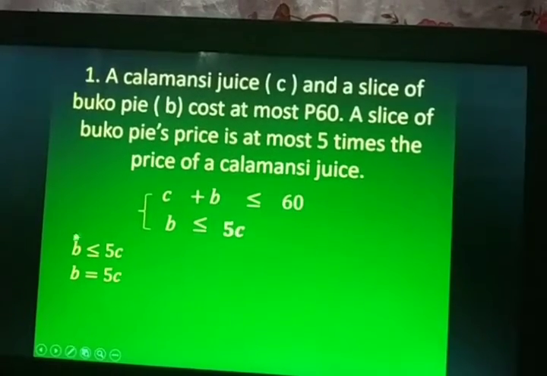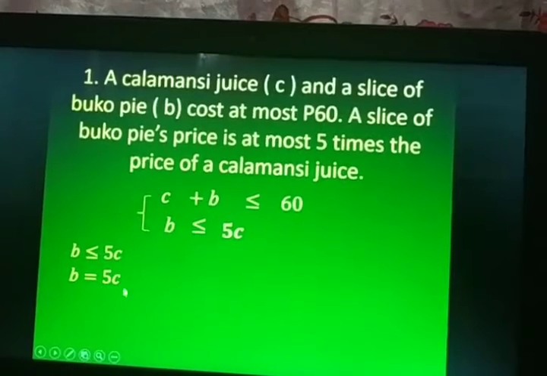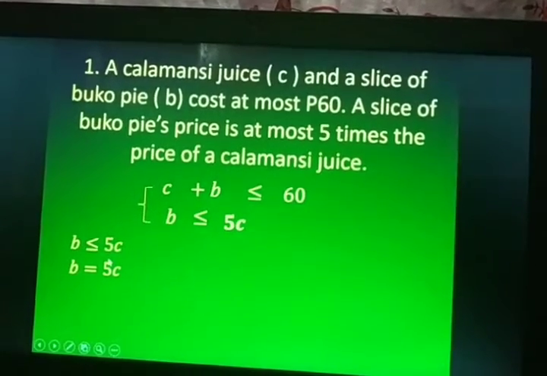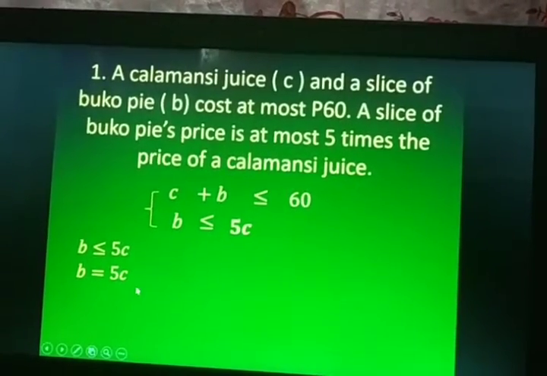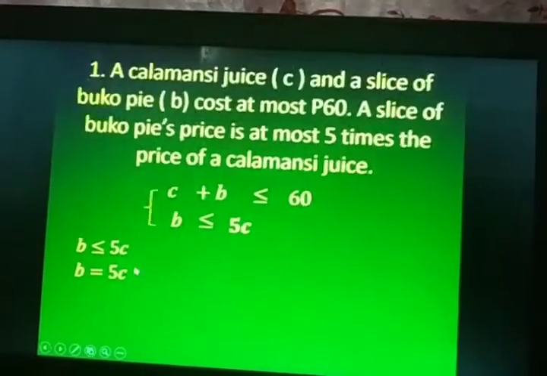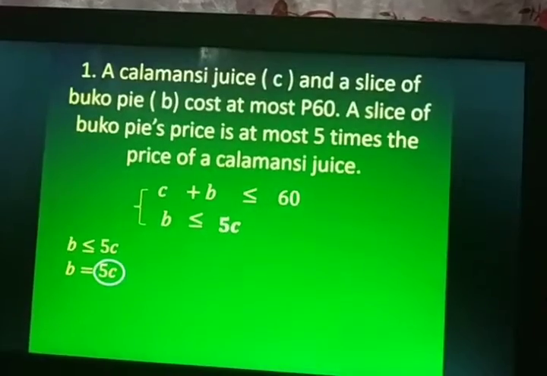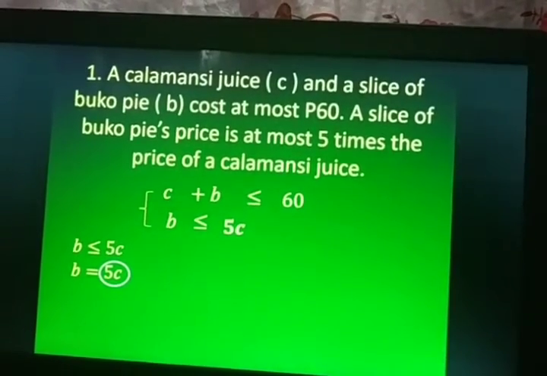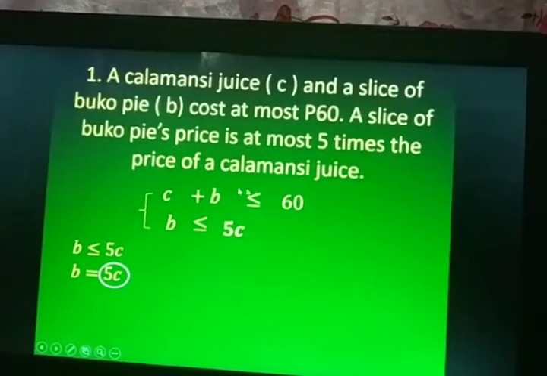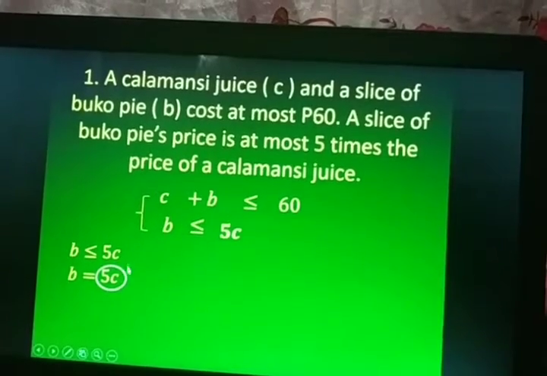We have used the second inequality so that we'll find the next inequality.